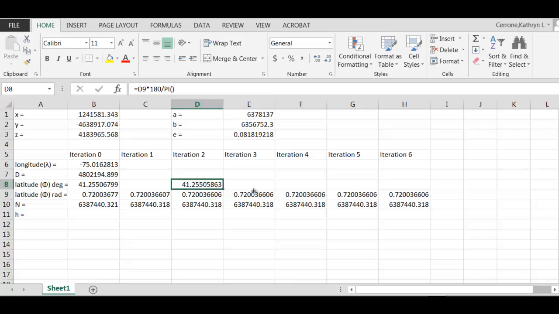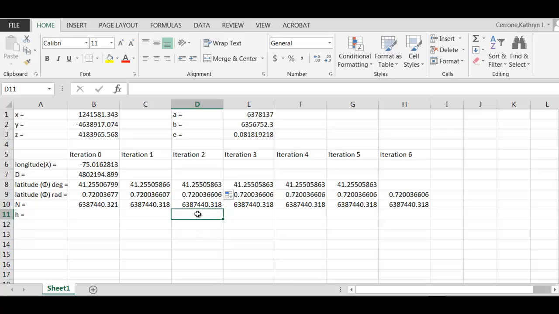Again, we can drag that across in either direction and see that we're only off by a little bit between these 2 iterations, and then it levels out after that. So these are going to be the numbers that we're looking at, our latitude in degrees, our radius in the prime vertical. So now we can go through and calculate H.